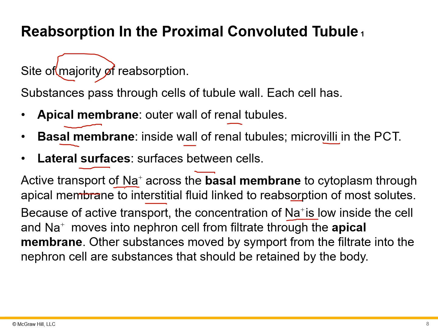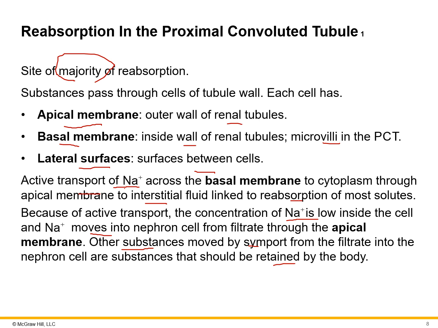So as sodium moves into the cell through the apical membrane, other substances move by symport, meaning in the same direction into the cell, and are retained. There's active transport similar to our neurons, where the sodium-potassium pump puts sodium out, and when sodium comes in, it causes an action potential.